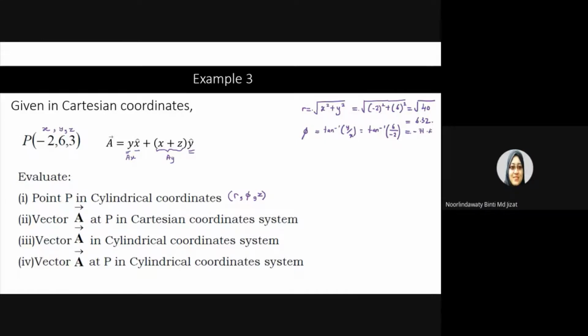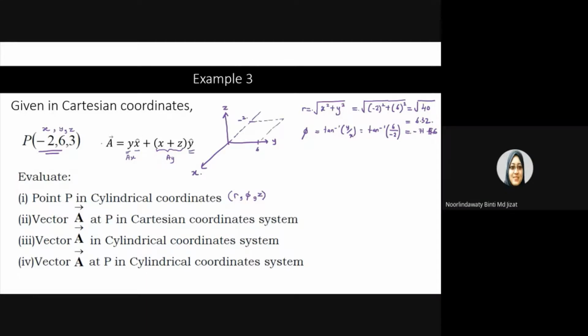Okay, so in this case, if you sketch your axes, Y and X, if your X is -2, it's actually at the back here, and then your Y is 6, so Y is 6 over here.